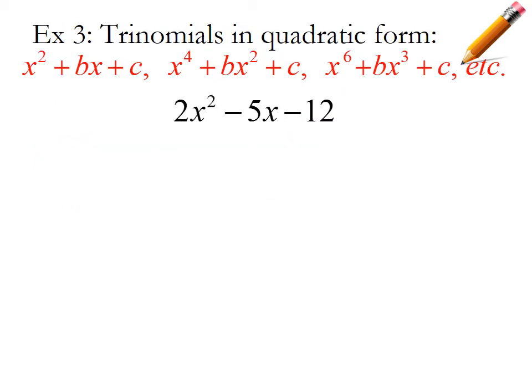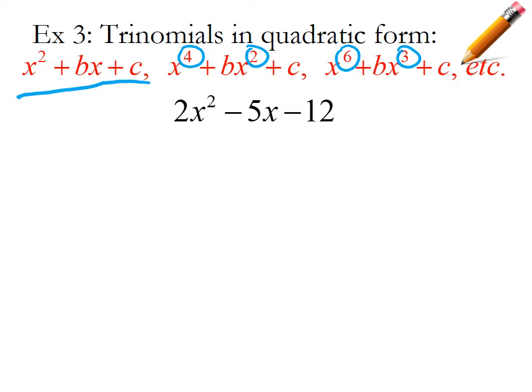Take a moment to jot down example 3. You just need the 2x squared minus 5x minus 12. One way we're going to expand this from what we've learned previously is that we're not going to stick to quadratics in the sense of an x squared and an x for my exponents. We might have an x to the 4th and an x squared, we might have an x to the 6th and an x cubed, and it might keep going up from there, maybe an x to the 8th and an x to the 4th.